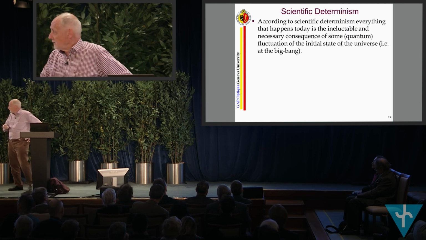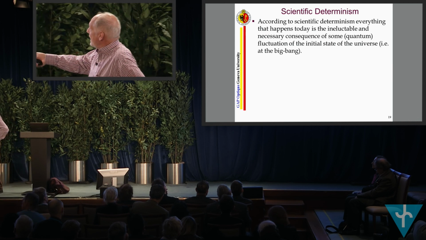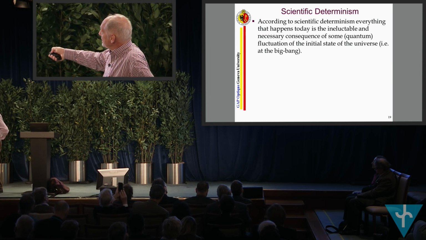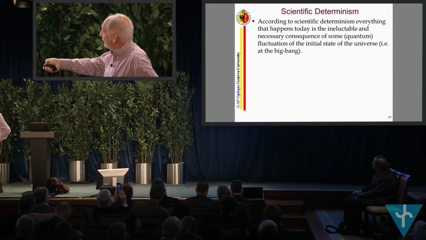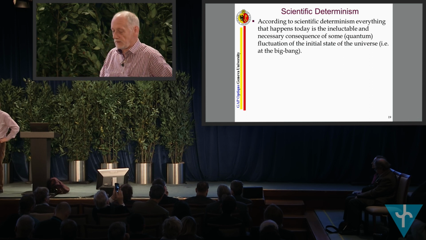So according to scientific determinism, everything that happens today is the ineluctable and necessary consequence of some possibly quantum fluctuation in the initial state of the universe.